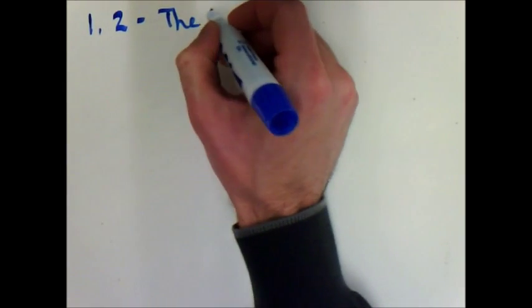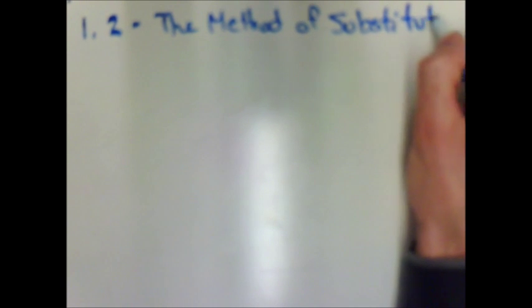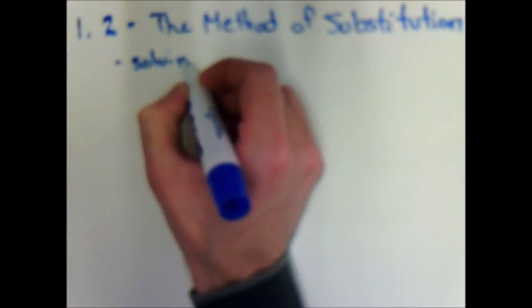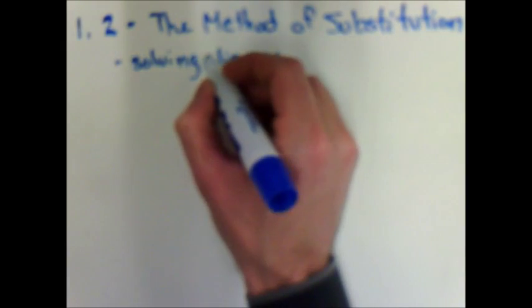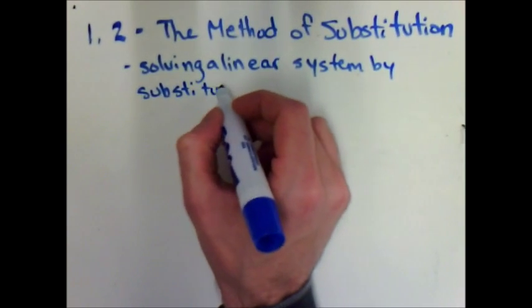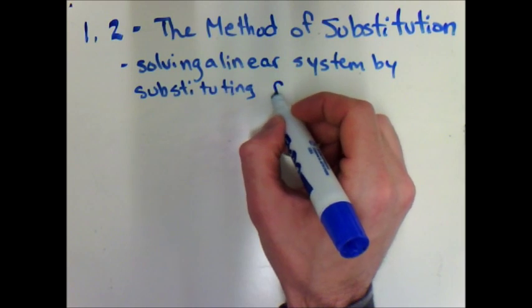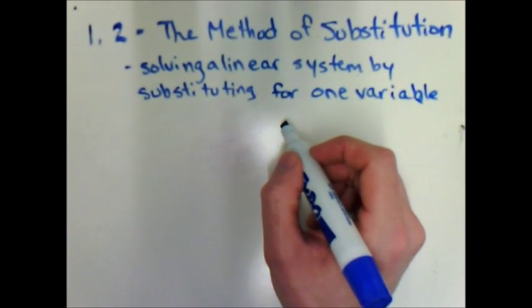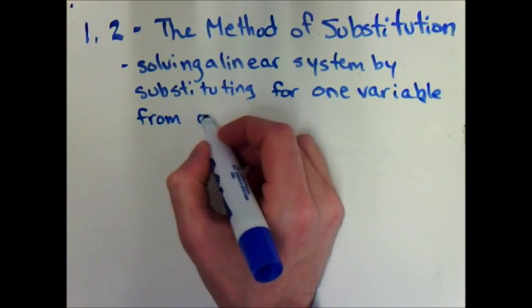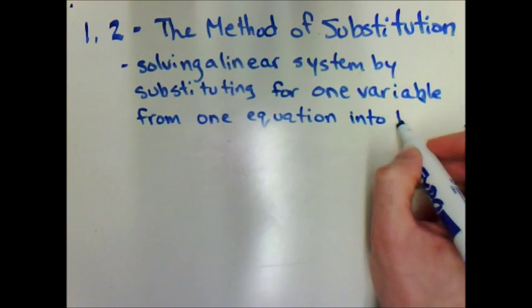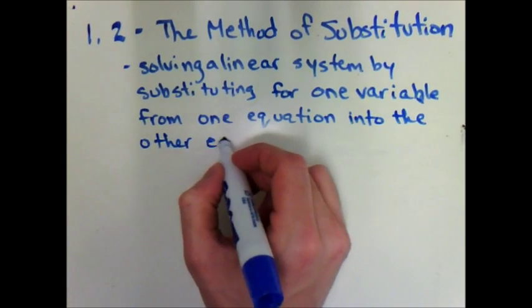1.2, the method of substitution. The method of substitution, this is solving a linear system by substituting for one variable from one equation into the other equation.